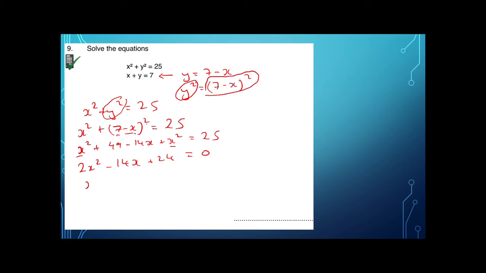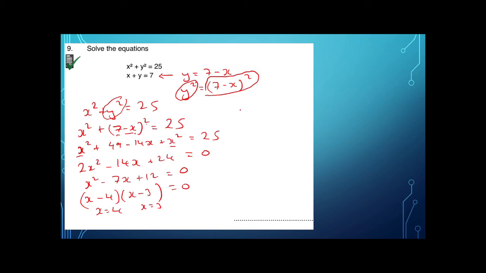We can divide through it by 2, because when you divide 0 by 2 you also get 0, and that easily factorizes to x minus 4, x minus 3, which means x equals 4 and x equals 3.